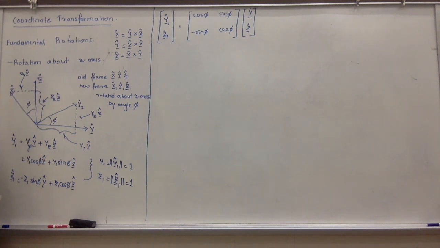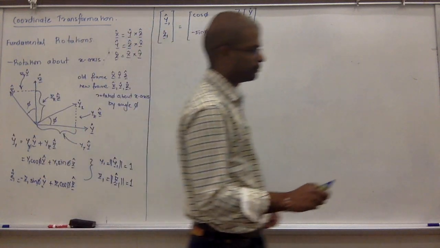So if it's a new orientation, why didn't you choose to put cosine with y and sine with z? We are expressing the new orientation in terms of the old orientation. That is a relative thing, right? So how much did we rotate with respect to the old orientation? With respect to a known orientation, how much did we rotate? That's what we are trying to understand.